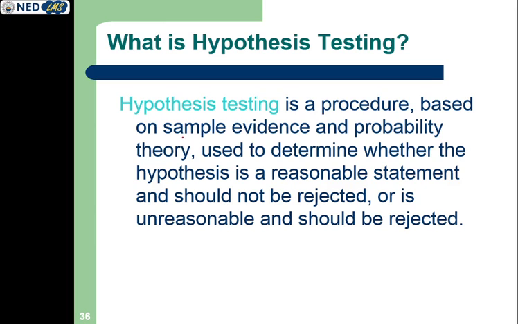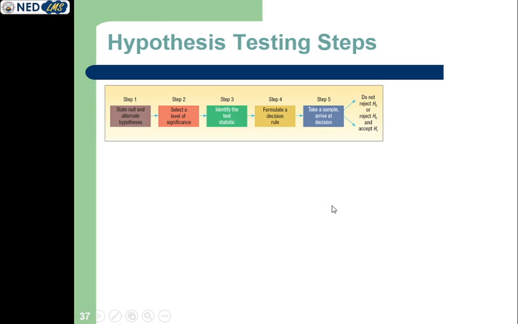Both are important words, sample evidence and probability theory, used to determine whether the hypothesis is a reasonable statement that should not be rejected, or is not reasonable and should be rejected. So a person makes a claim, and on the basis of sample evidence and probability we determine whether to accept or reject that statement. This is what we call testing of hypothesis.